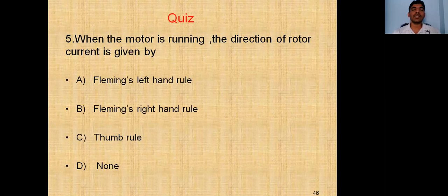The answer is Fleming's left hand rule. For motor operation, Fleming's left hand rule; for generator operation, Fleming's right hand rule, the same as for DC machines.